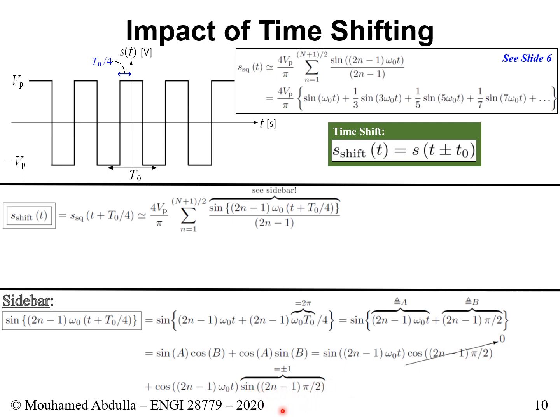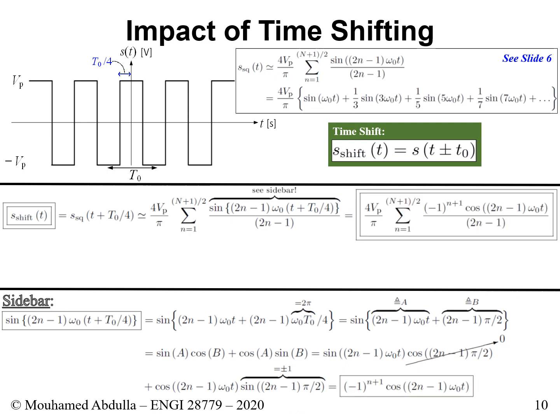And anytime you have an even number, like n equals 2, n equals 4, this will give you a negative result. So we could write it in a fancy way as minus 1 to the power of n plus 1.